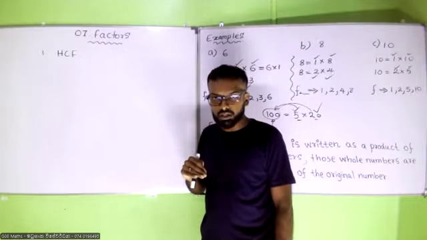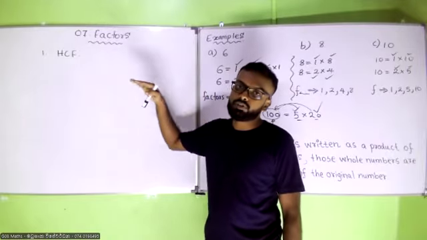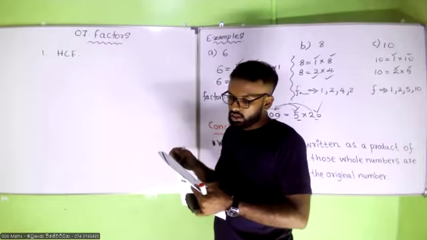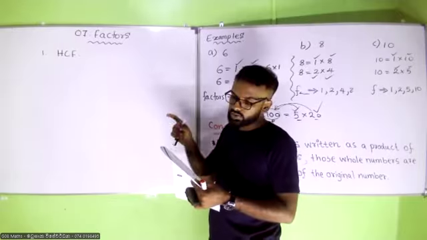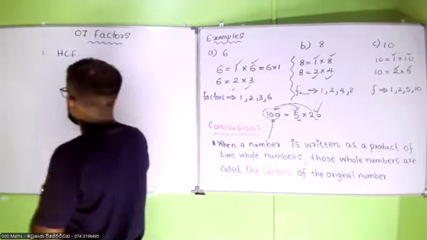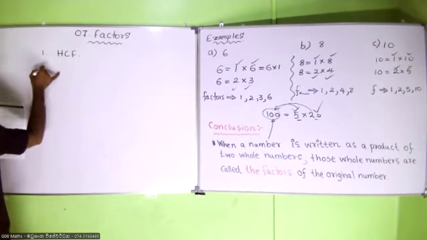According to those steps, let's write down what are the steps that we are going to follow. I have given you some space. How to find highest common factor of several numbers. So we are going to write down the method. Follow the below method.